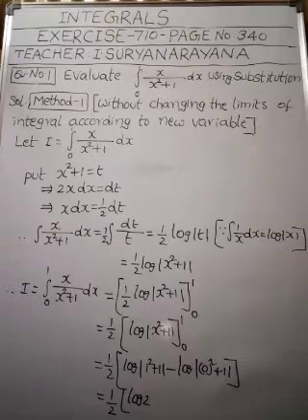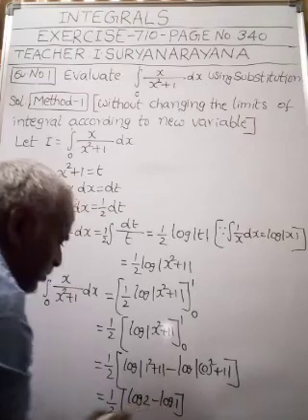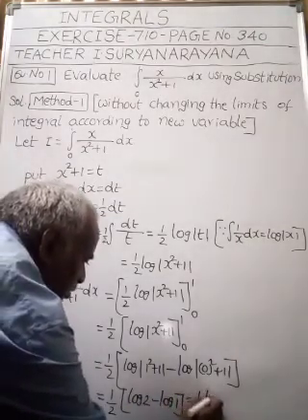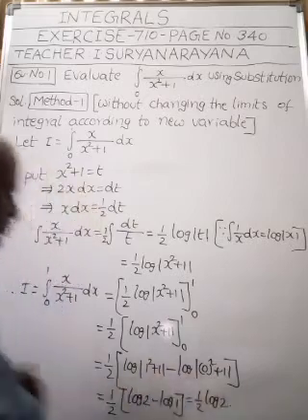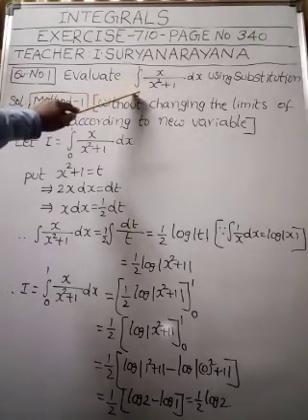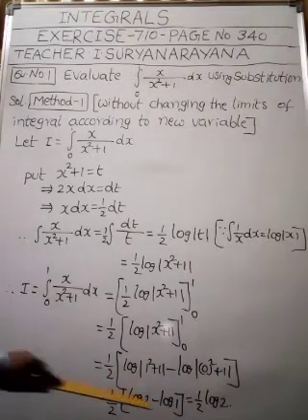Log 1 value is 0. That is equal to 1 by 2 log 2. This is the value of the definite integral of the given function, 1 by 2 log 2, since log 1 value is 0.